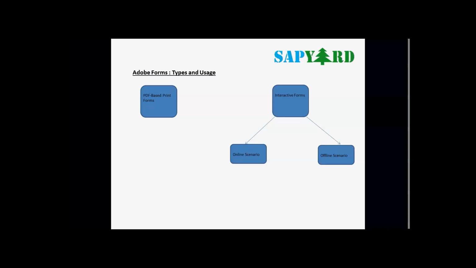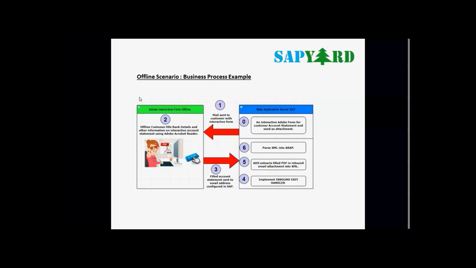As soon as that email is received by the original sender, we can extract the data into the SAP system, what the end user has filled in, and then manipulate it in our SAP application. So this is one of the offline scenarios which I would explain with this slide.